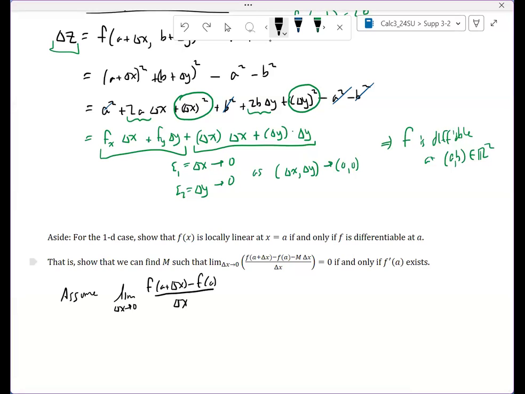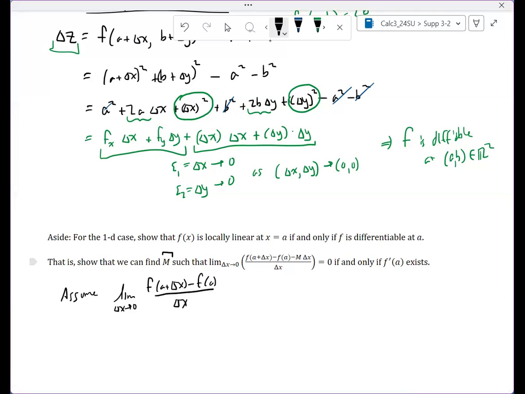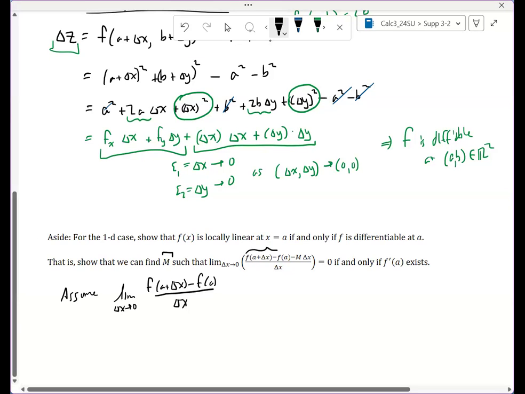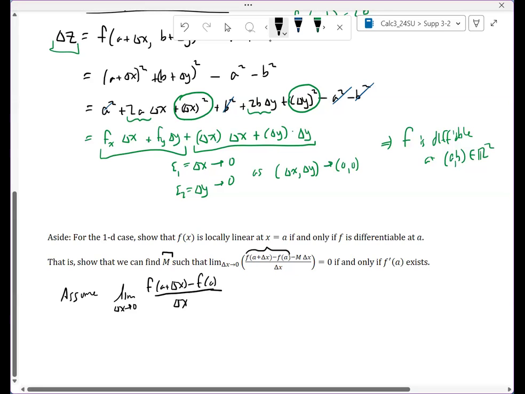Now we do have to decide what we want to pick m to be. What would be a sensible thing to pick m to be? Well, I noticed that this first bit of the numerator, if I just wrote that and forgot for a second about the m delta x term, is just f prime of a. So I'm thinking that m is going to end up being f prime of a.